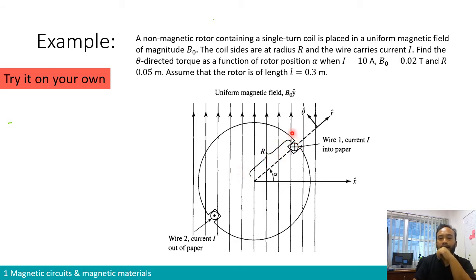That is what we call the theta directed torque. But we need to write it as a function of rotor position alpha, because as the rotor rotates, the angle alpha can change, for example from 0 to 360, and depending on the position of the coil, the force or the torque might change.